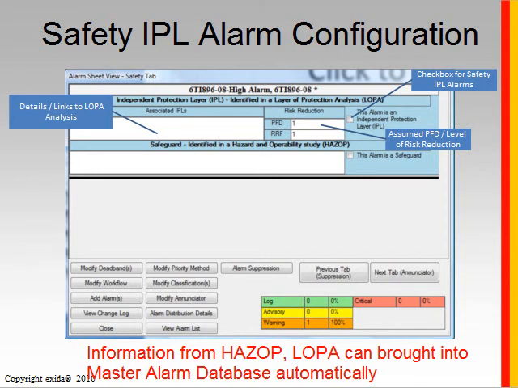Here we see an example of how a tool might import that information and have it available during the rationalization process to understand the significance of an alarm from a safety design point of view, including potential linkage directly to the safety tools. You see a checkbox for indicating that it is a safety IPL alarm so that we can keep track of that and pay special attention to those alarms.